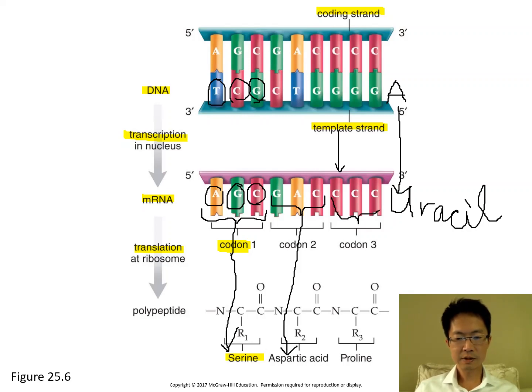CCC here translates into the amino acid proline. So this is the primary structure of the protein. We call it polypeptide. That is in essence the gene expression or protein synthesis or transcription translation or the central dogma. That's basically it. The rest of the slides just add the details to it. This is the backbone, big picture, the main concept that I want you to take home.